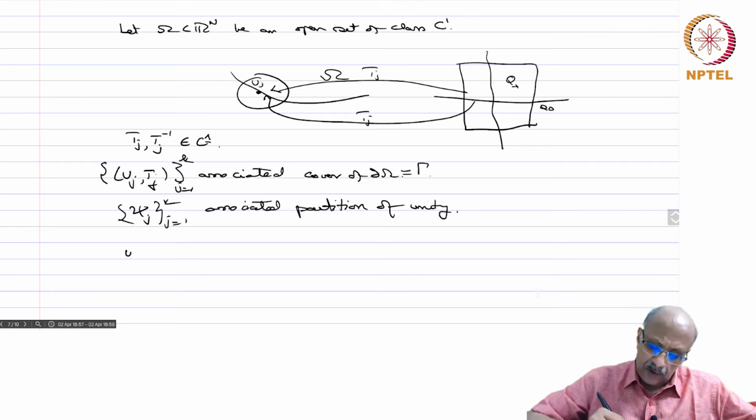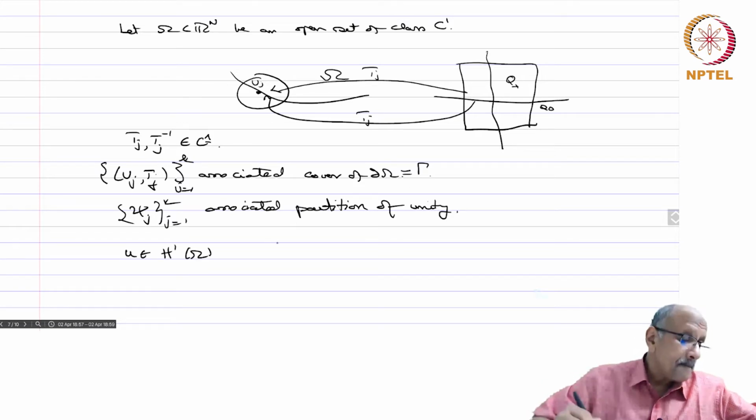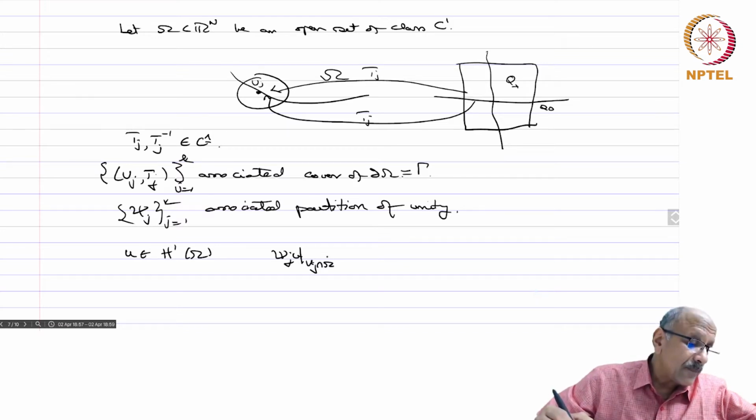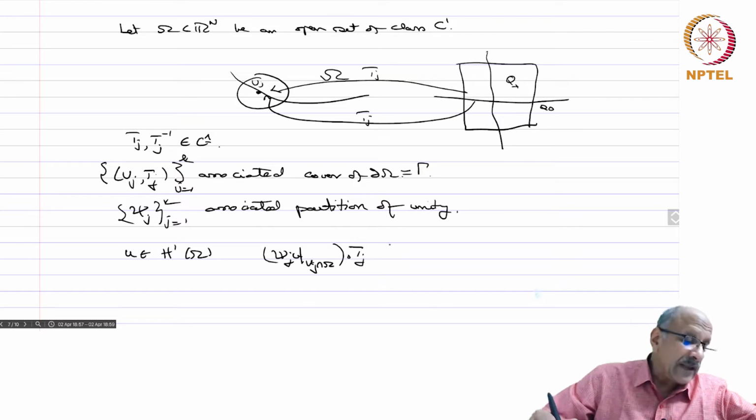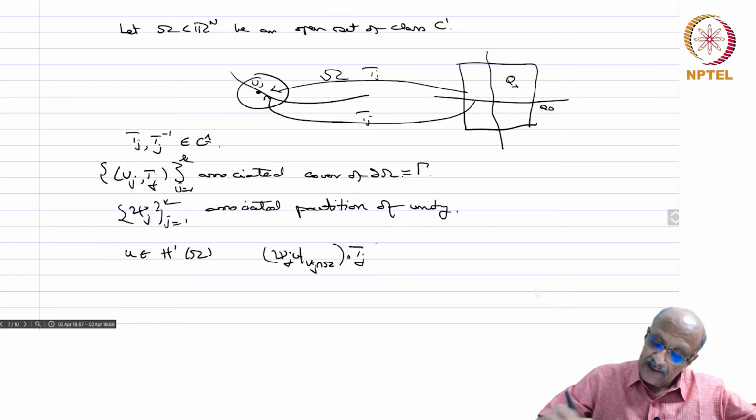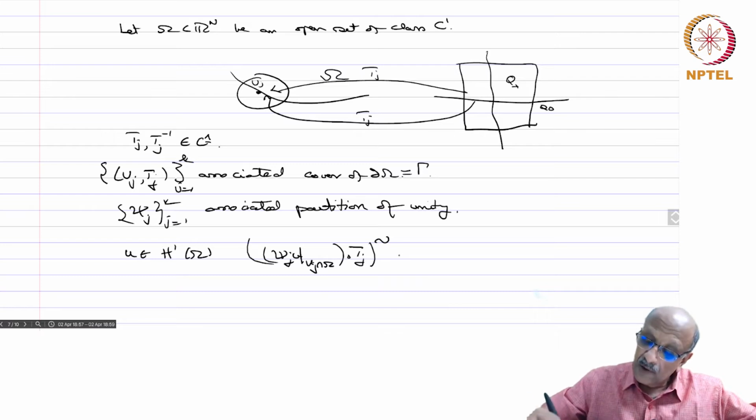So if u belongs to h1 of omega, then psi j u restricted to Uj intersection omega, composed with Tj and then extended by 0 outside the cube, will belong to h1 of Rn plus.